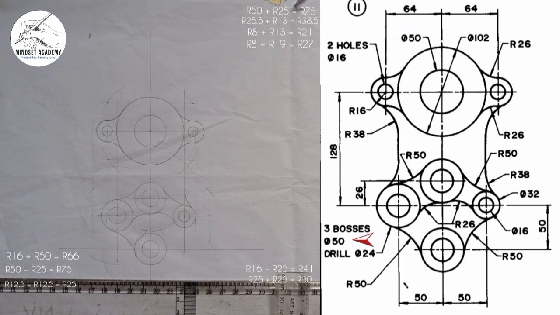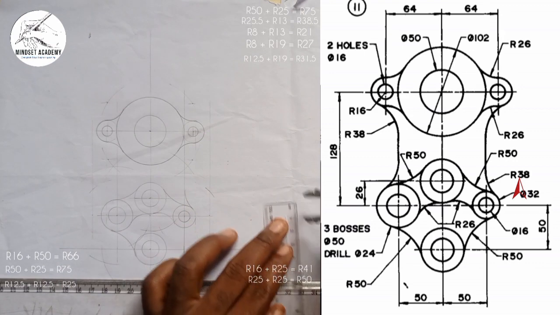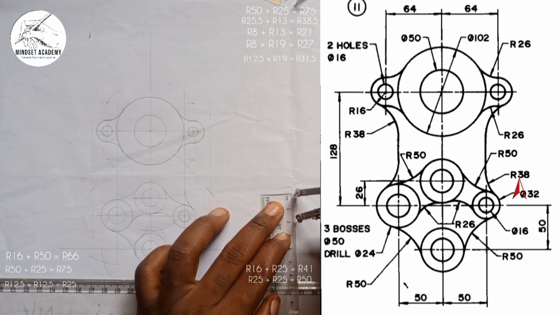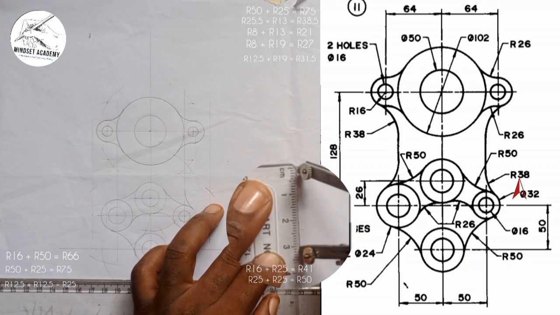So 12.5 plus the radius of this, which is 19, you're going to be having 31.5. Are we good now? So I'll use 31.5 at this point here.